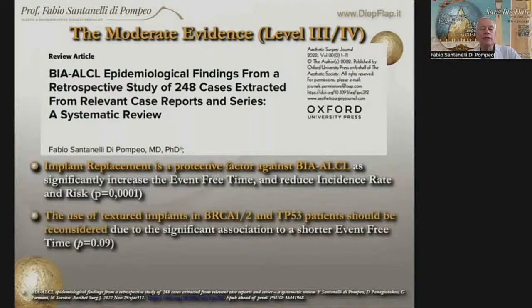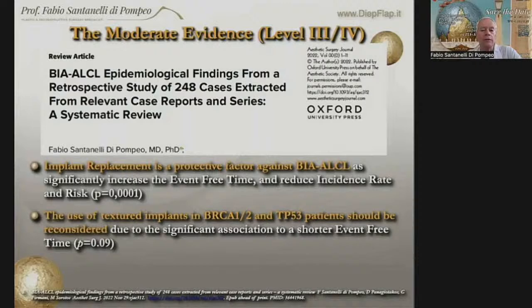The use of textured implants in BRCA 1 and 2 and TP53 patients should be discontinued. That was our paper of last year, because of a significant association with a shorter event-free time.